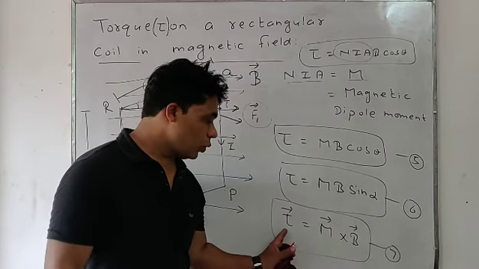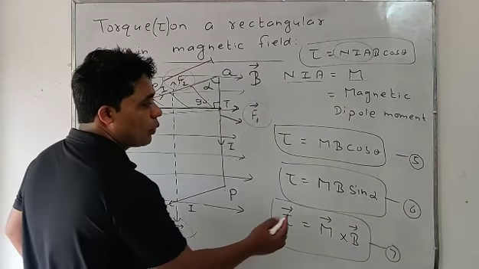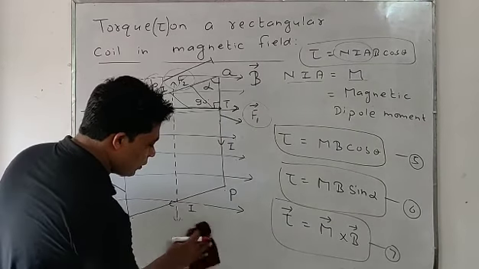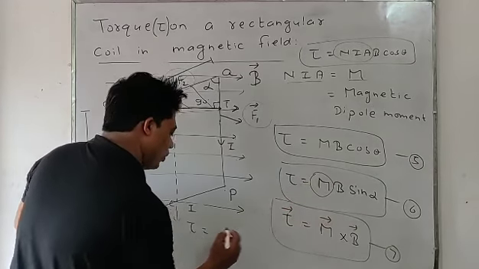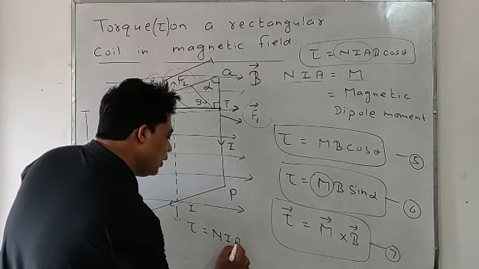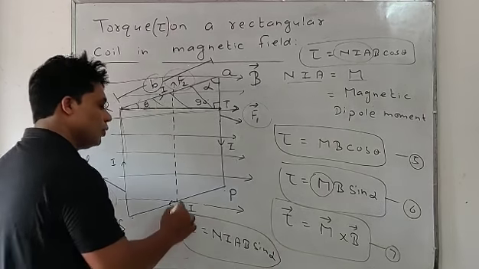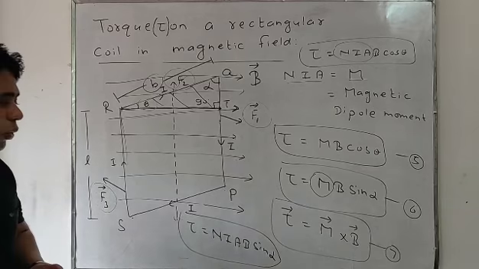This is vector form. Torque equals M cross B. And finally, we can also write, look at, M is what? NIA. So we can also write here NIAB sin alpha. This is another form. So these are the different forms of torque on a rectangular coil.